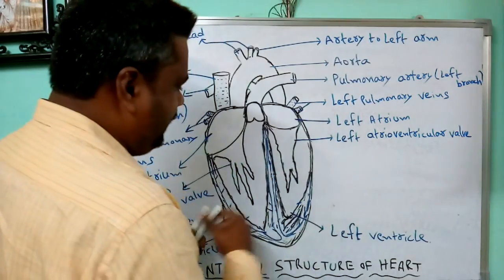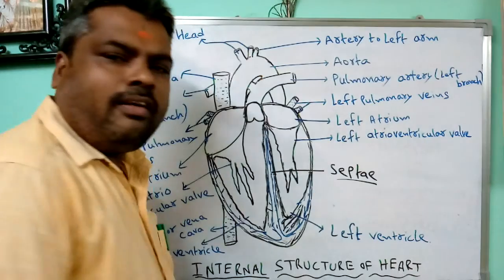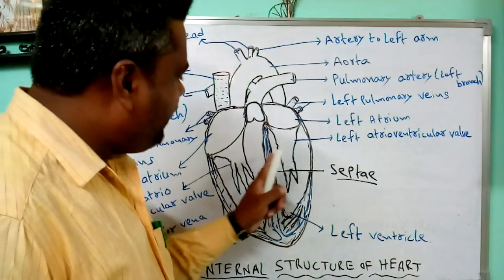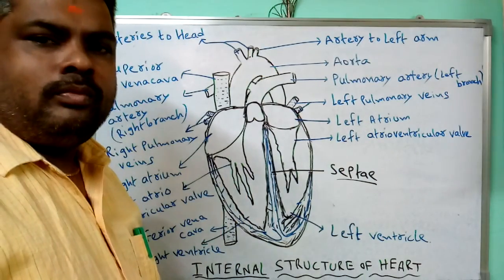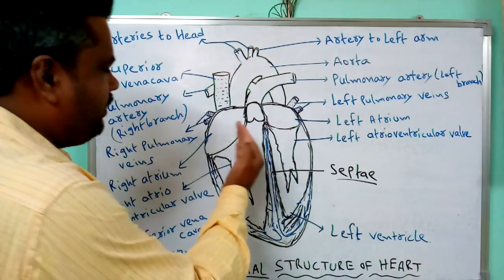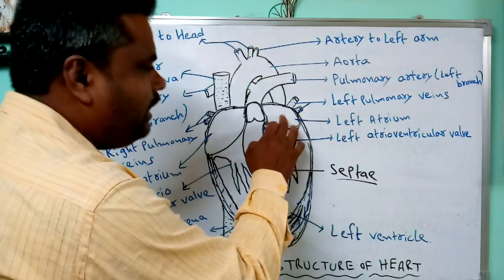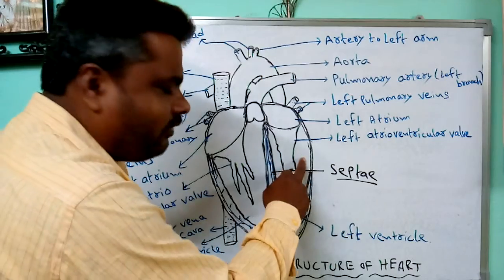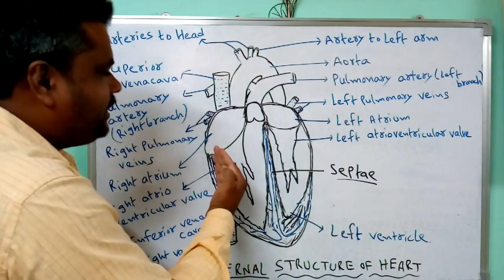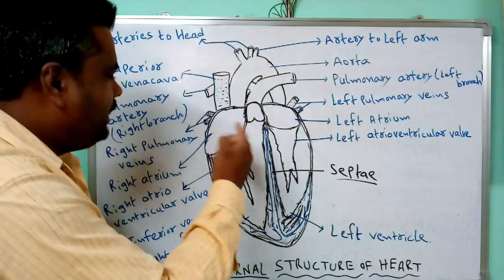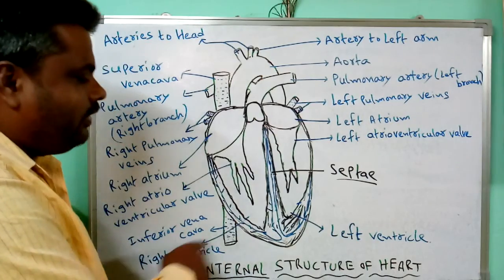This septum divides the grooves into left and right sides. The left side parts are commonly called the left atrium and left ventricle, and on the right side, the septum divides them into the right atrium and right ventricle.